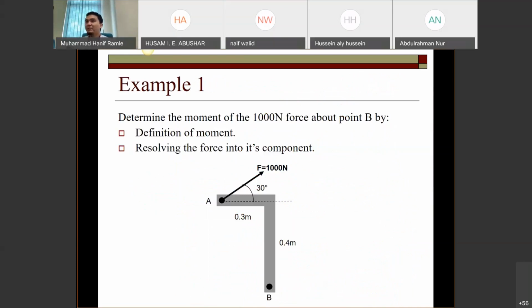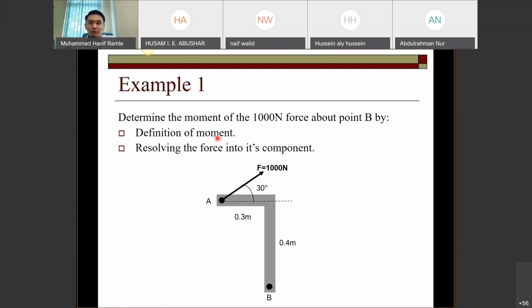Okay, so let's move to the example first. We do have many examples in this lecture. So the first example: determine the moment of the 1000 Newton force about point B by, number one, the definition of moment, and number two, resolving the force into its components.